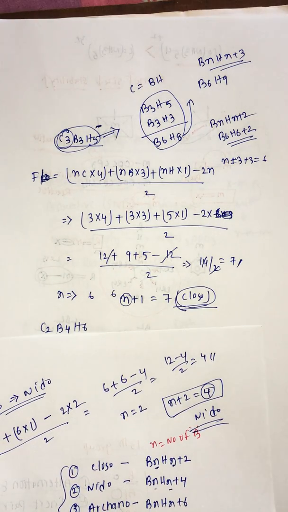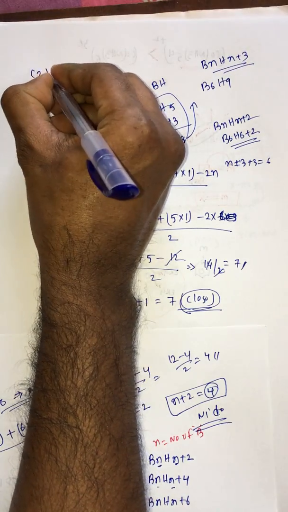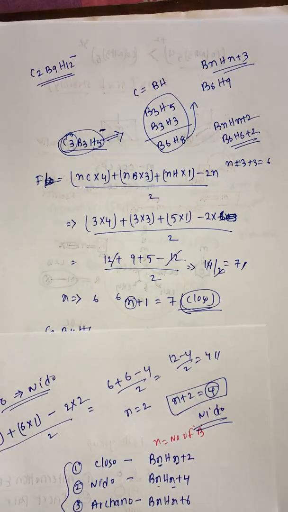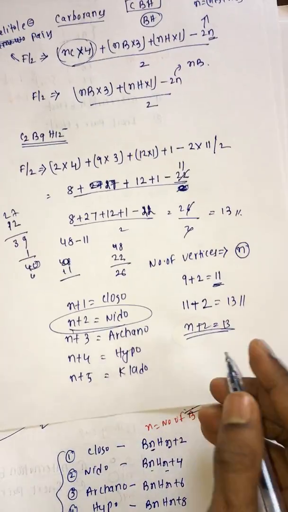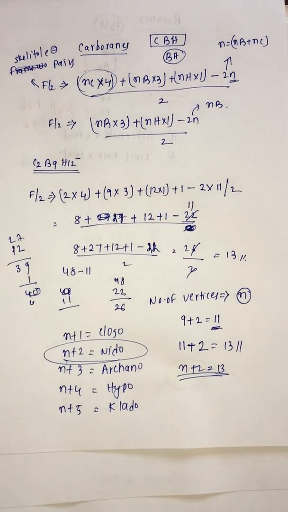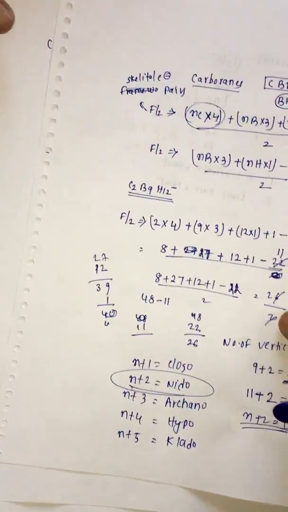Last year one question was asked in a GATE exam. I think this is the question asked. C2B9H12 minus. I think we have done this one already. Yeah, this we have done. So this is coming under nido. So if we do the method which we used for boranes, let's see if it works or not.